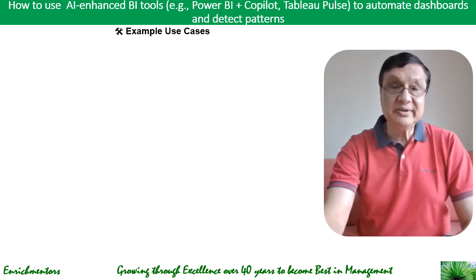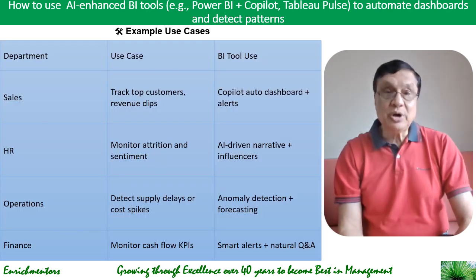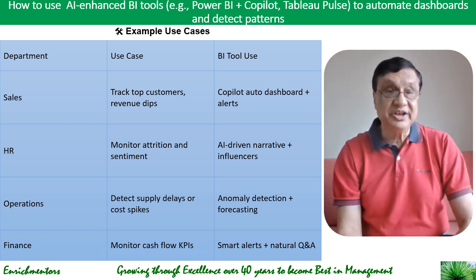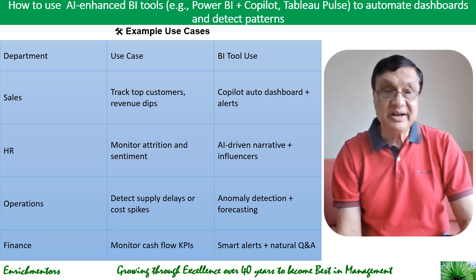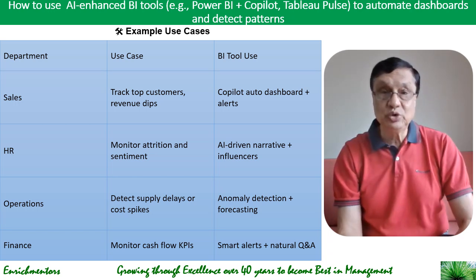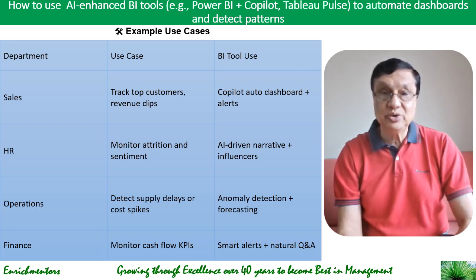So let's take a look at a use case example. And some examples, not one, but a few, as you see here. For sales, the use case could be to track top customers and revenue dips, and the BI tool to use there will be Copilot, Auto Dashboard, plus alerts. For HR, you could want to monitor attrition and sentiment, and there your BI tool could be AI-driven narrative plus influencers.